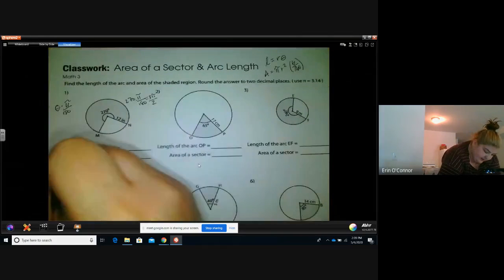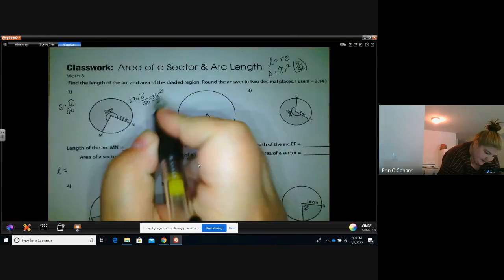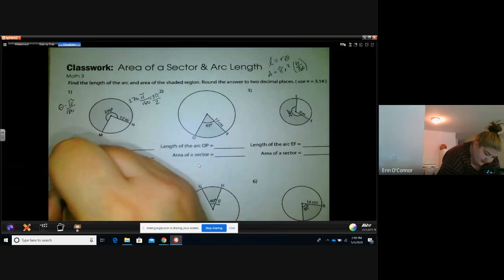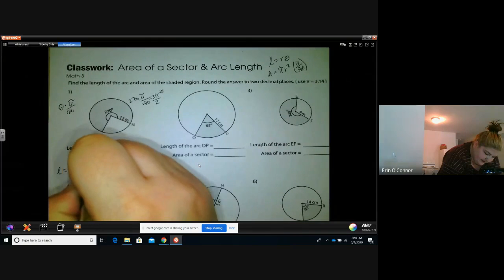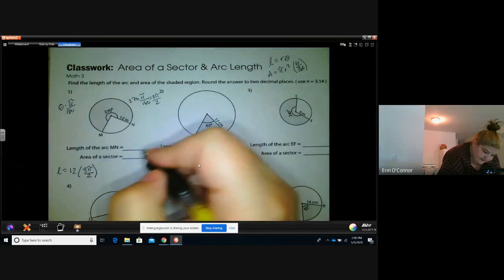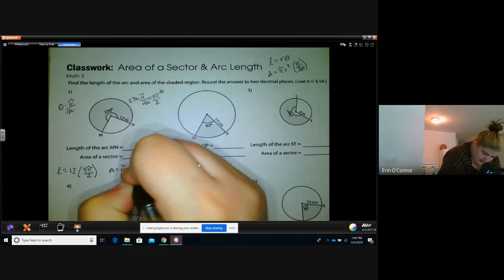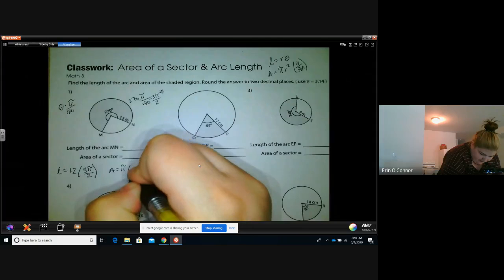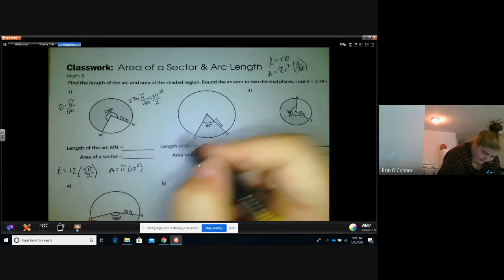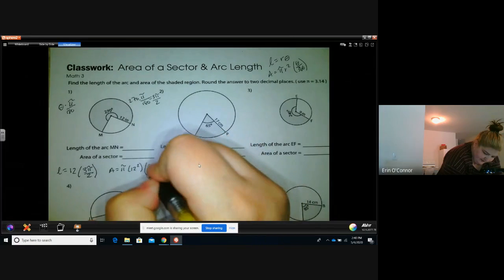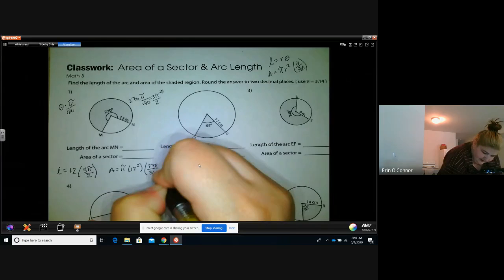And then down here I'll do my work. Length is equal to r, which is 12 times 3 pi over 2. And my area is equal to pi r squared, which is 12 squared or 144, times my theta, 270 over 360.